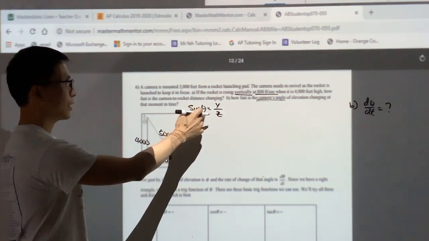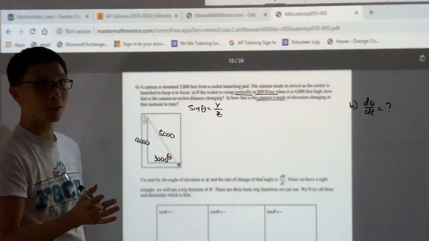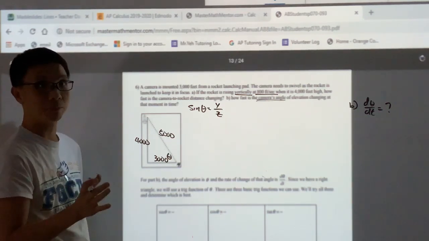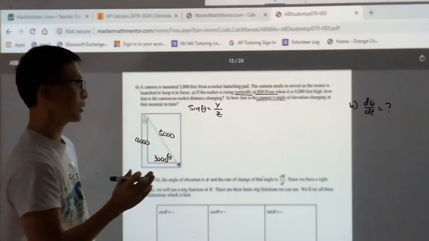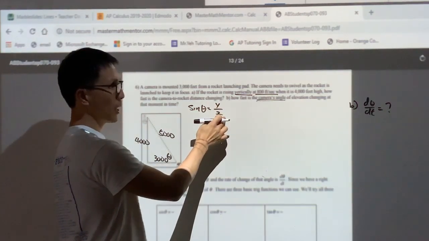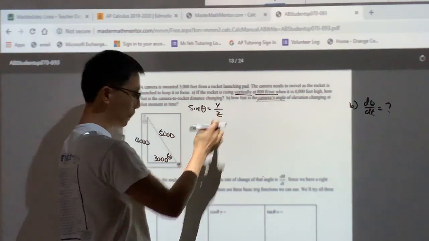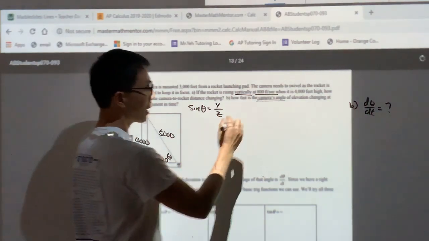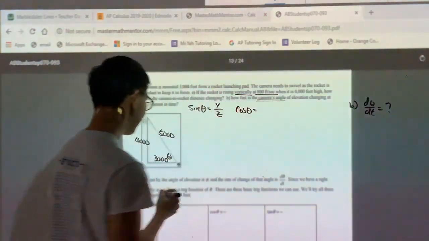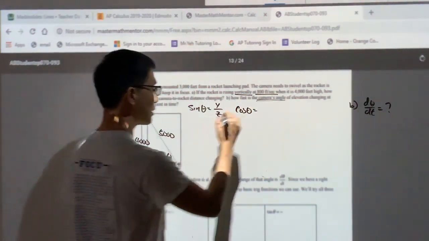So sine of theta is equal to y over z, and nothing is constant. I prefer the constant to be on the bottom. In this case, y and z both are changing, so I don't like the sine of theta. I'm going to try to change to cosine of theta. Cosine of theta is going to be 3,000.